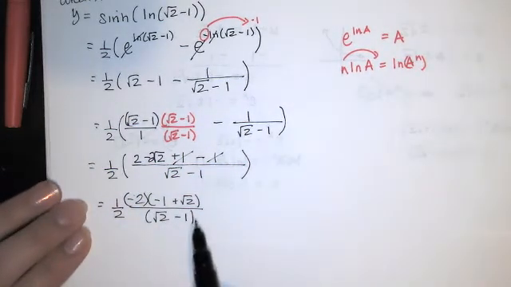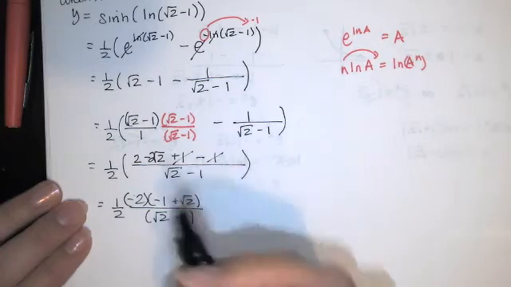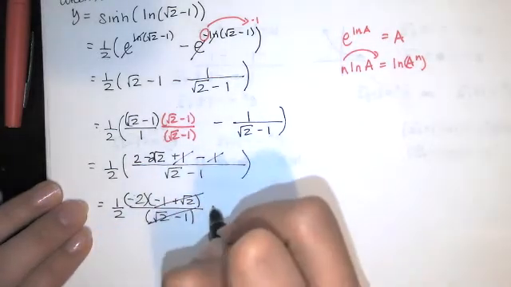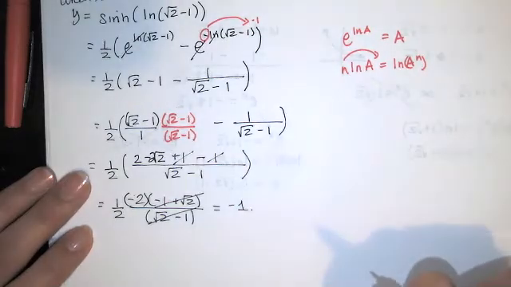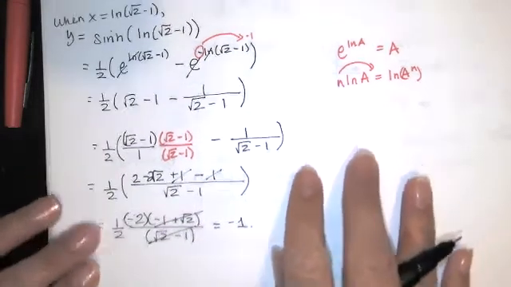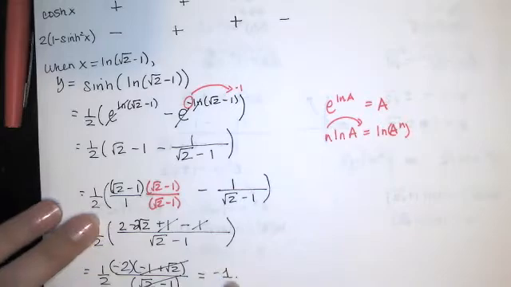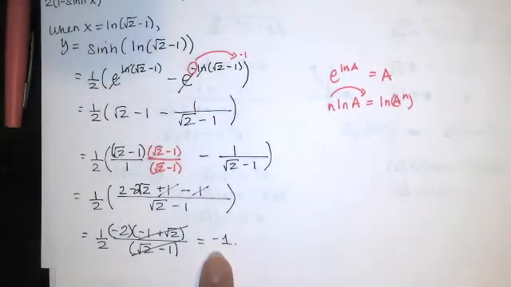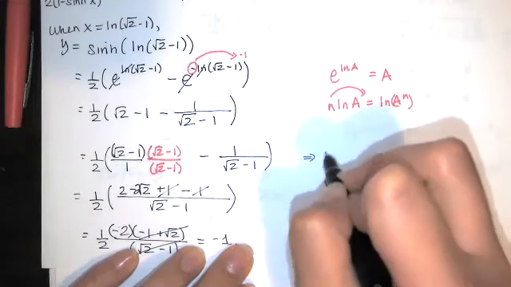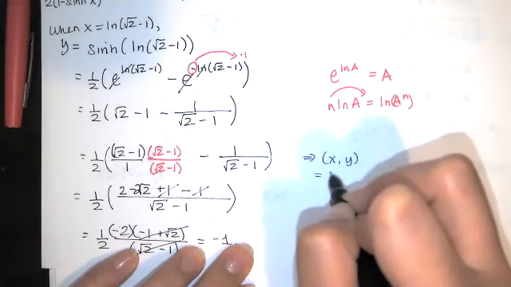Well, square root of 2 minus 1 and -1 plus square root of 2 are the same thing, and we get -2 divided by 2, which is -1. Oh, actually, we said when x equals this, hyperbolic sine of x equals -1. So that means our ordered pair is this.